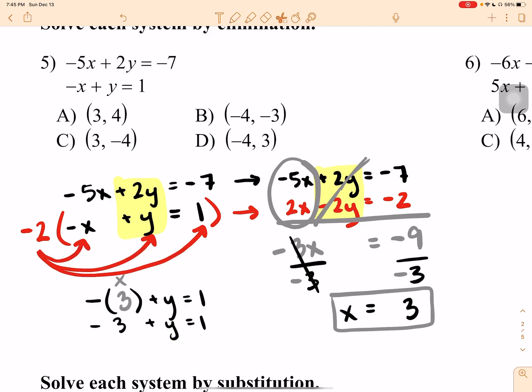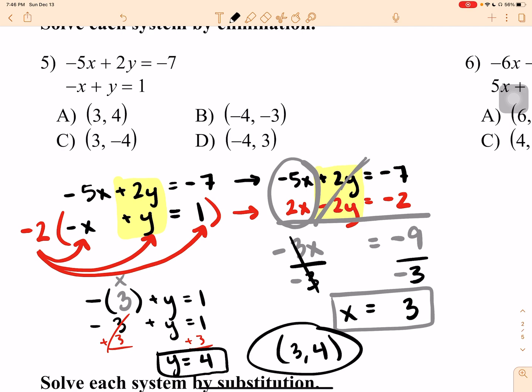If you add 3 to both sides, we're going to get y equals a +4. Okay, so that means if my x is 3 and my y is 4, this is where the lines would cross on a graph. So my answer here is A. Sorry about that little mix-up back there. I'm glad I caught it though.